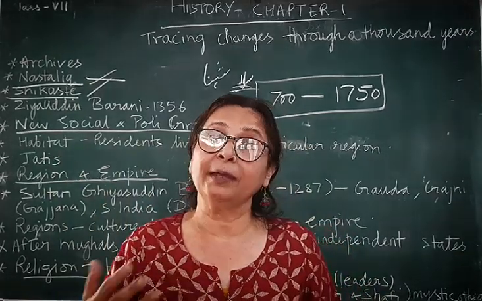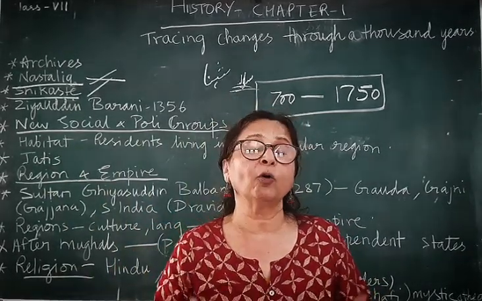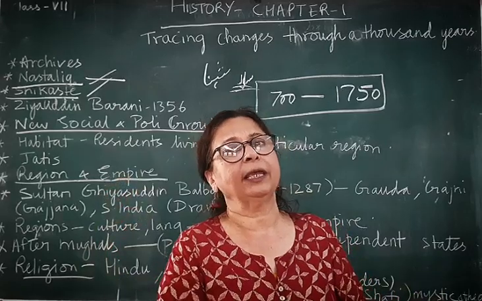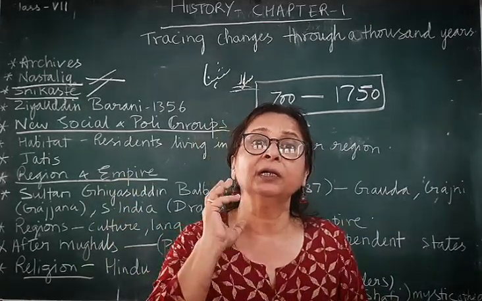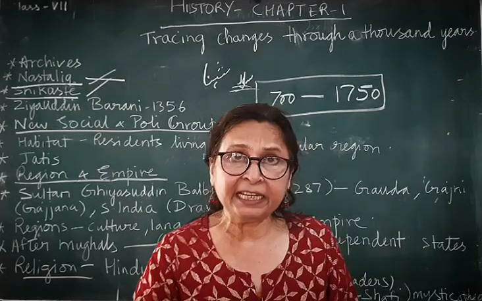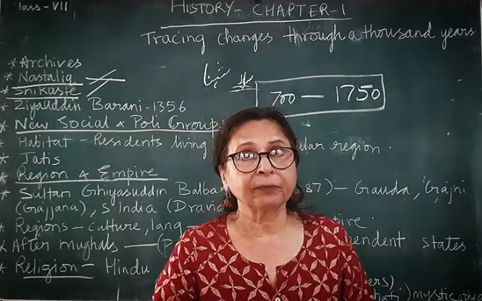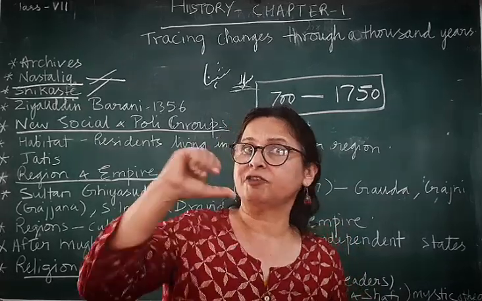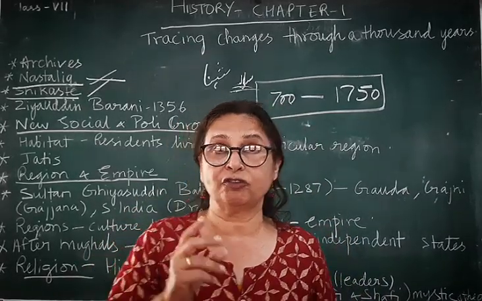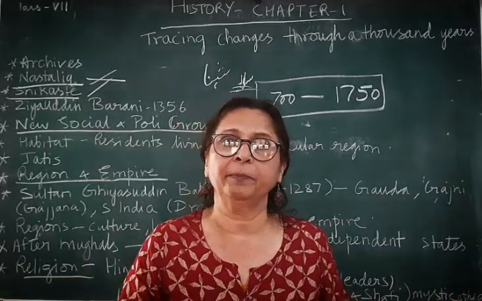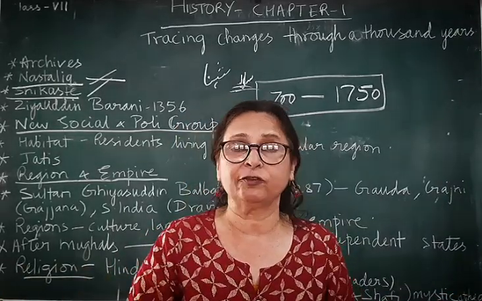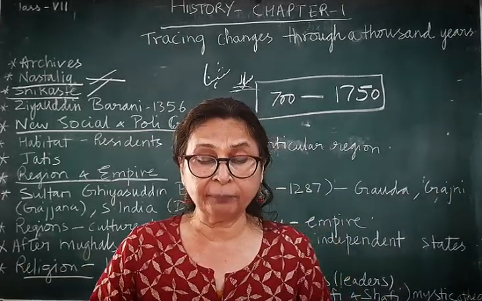The foreigners and merchants who came and settled here brought new crops, for example potato, chilies and corn. And there were beverages, meaning drinks like tea and coffee. So it began in the medieval period, and farmers began to grow these crops. So this was a change.